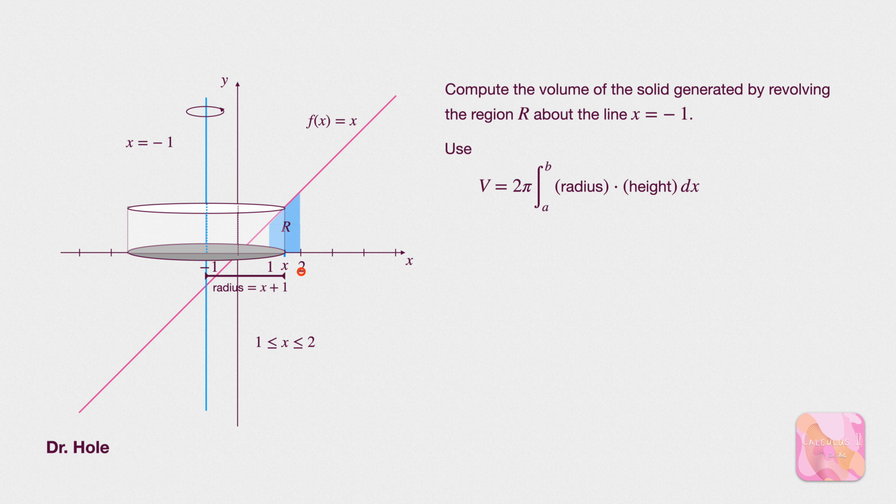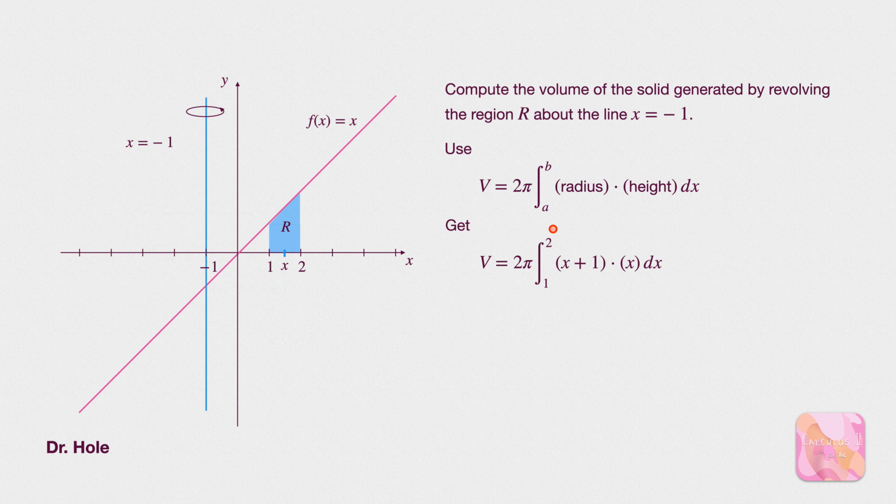We've already established what the radius is, so we can swap that out. Then we need to look at our particular arbitrary input x. And then how high would the height of the shell be? That's given by the function f. In this case, it has a simple form, x. So plug in the radius, plug in the height, and we're done.